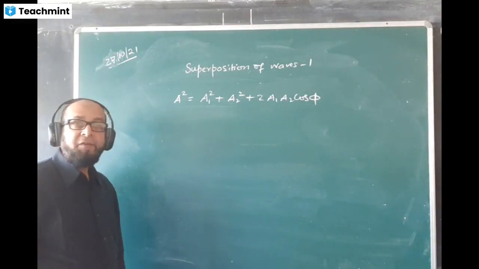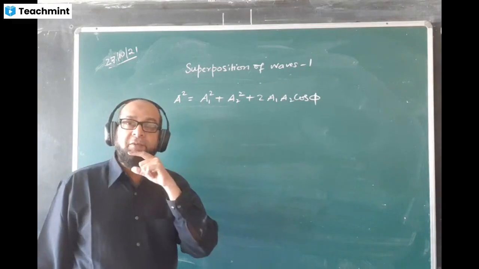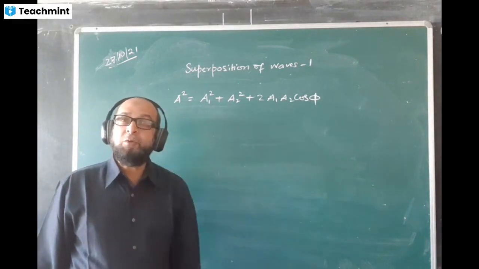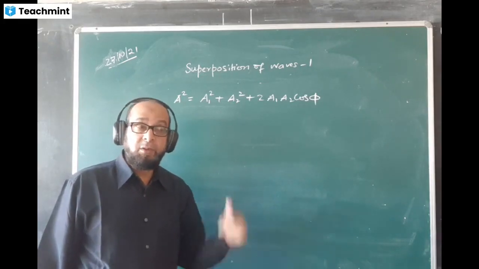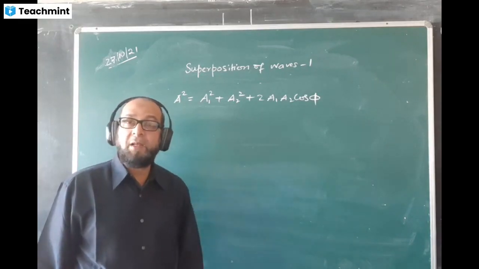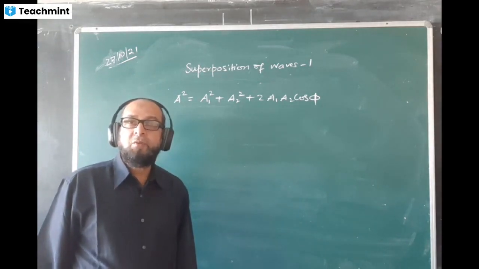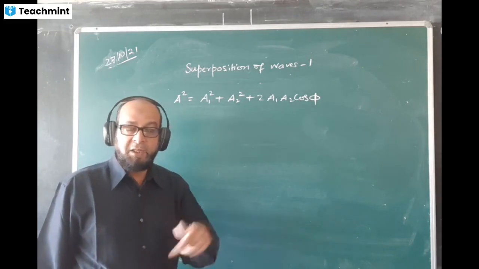Intensity of a wave. In the previous chapter, I taught the intensity of a wave. What is the formula of intensity of a wave? I wrote it in the previous chapter and used it also: I is 2 pi square A square S square v density.